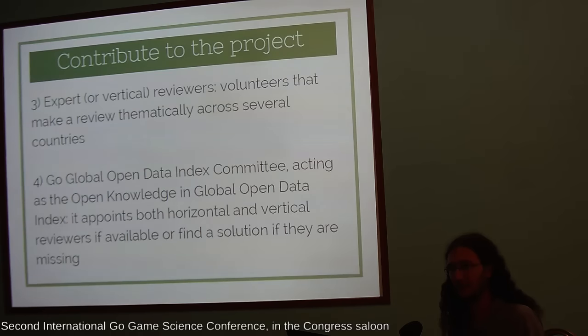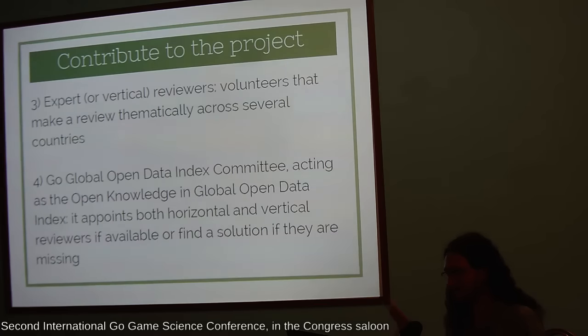I mean, for example, we said, okay, the data of the Go player registry is up to date because we have 4 updates in the year. Maybe in another country this is not so good.